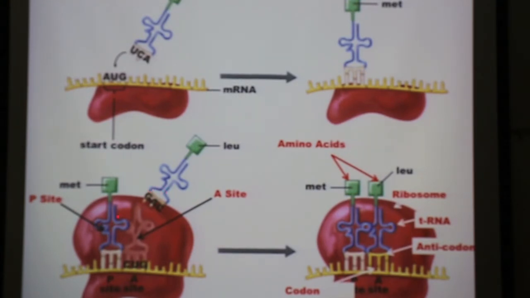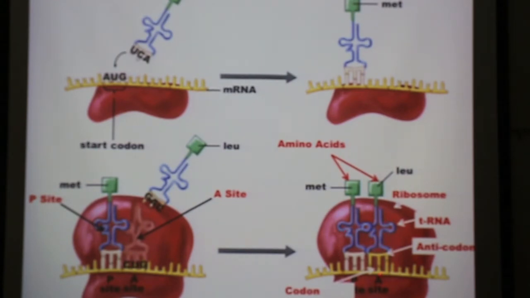So you have the P site and the A site. Something comes in to the P site, and then something will come into the A site, and then what's going to happen is the amino acid that's attached to the tRNA on the P site is going to move over and attach to this one. So this amino acid here is going to move over and attach to this one. So these two will be connected. This one then is going to float away and exit. And then this whole thing, the tRNA and the mRNA connected, will shift down one.